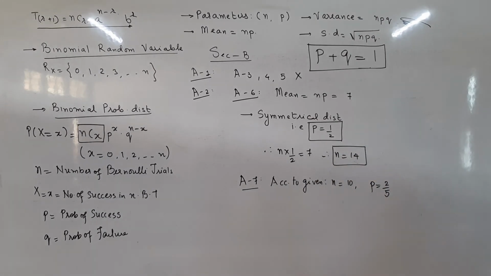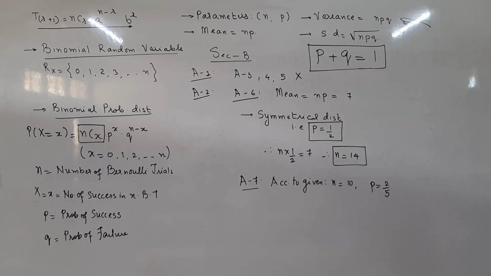Generally, in 99.99% of the sums, students, out of P and Q, only one of the values is specified. No issues, no worries. We can easily find Q based on calculation.